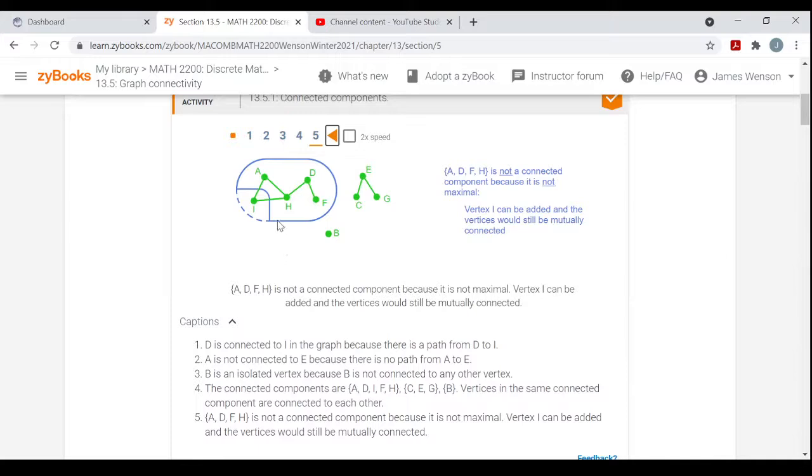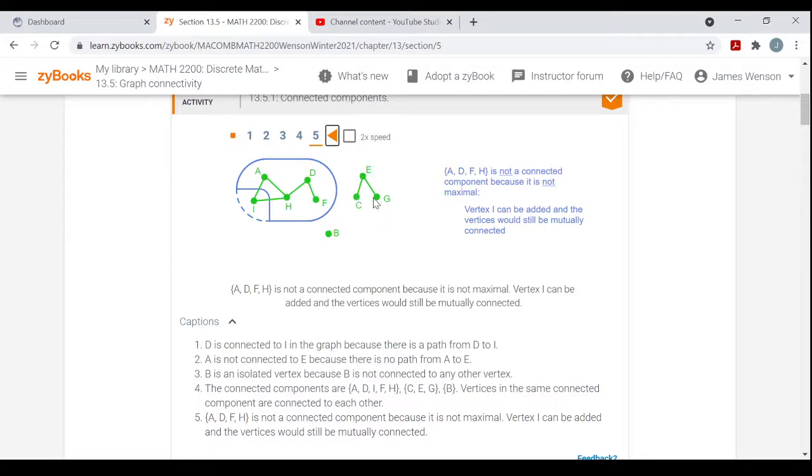So like back up here, A, D, F, H, and I form a maximal set of connected vertices. Therefore, this is a connected component. And it's a maximal set because if I added any other vertex, say vertex C, to this set here, then you're disconnected. Adding any one of these other 4 vertices to this set would give me a set of disconnected vertices. So this is a maximal set. Same thing for these 3.